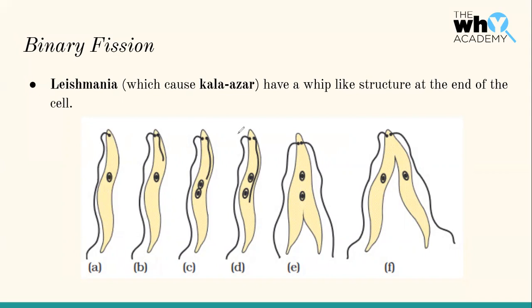Okay, they have a whip-like structure at the end of the cell. So what happens when organisms have a definite structure is that there is a fixed place where division will happen, right? Now the place is fixed. So the groove will be formed from here and then the cytoplasm will be pinched from here and you will end up with two daughter organisms.